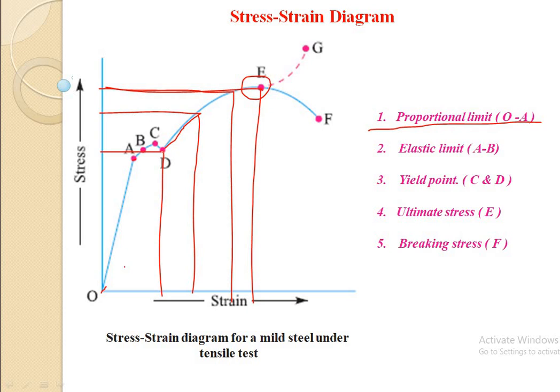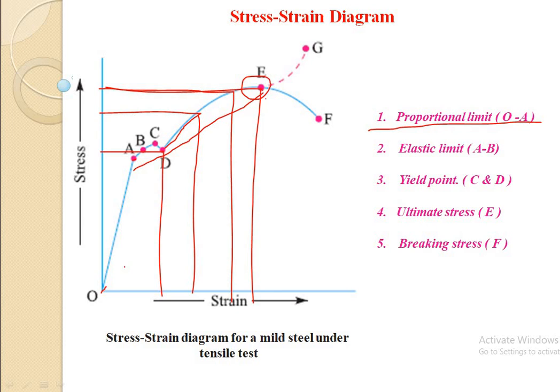Now if you look between A and D, the stress goes on increasing till point E is reached. From point A, there is an increment in the value of stress up to point E. The gradual increase in strain of the specimen is followed by a uniform reduction of its cross-sectional area.